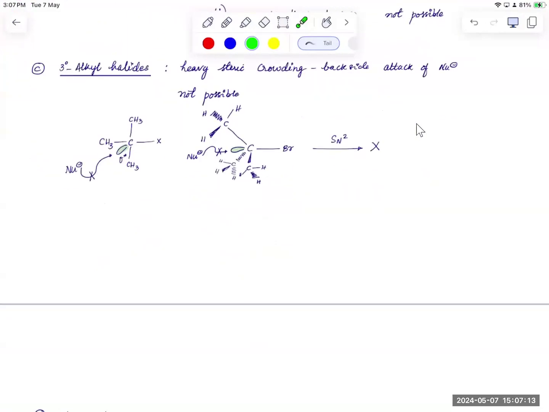Next, 3-degree alkyl halides. When you have 3-degree, the problem here is the crowding. You can see this methyl, methyl, and methyl are a huge crowd. So it is like this: carbon, you have X trying to leave from here, and the nucleophile trying to approach from here, and from here you pick up these lone pairs, these orbitals.